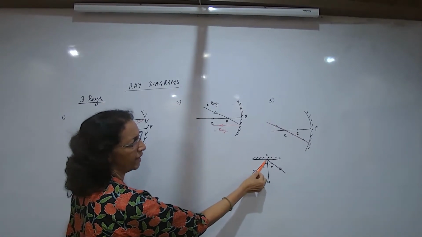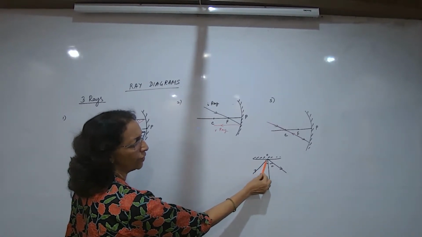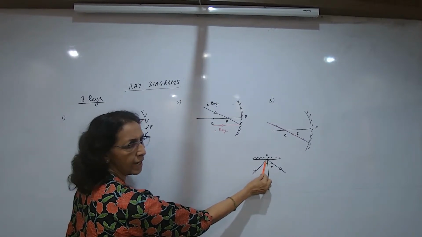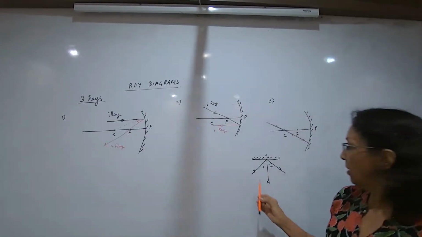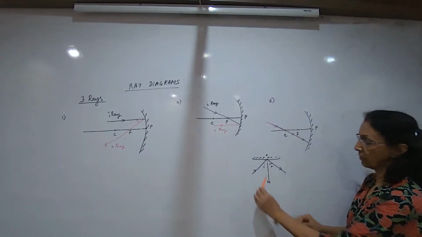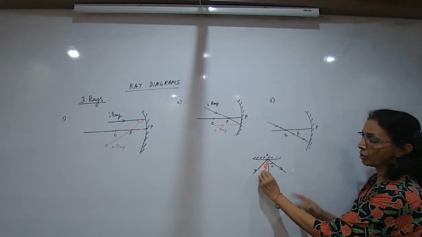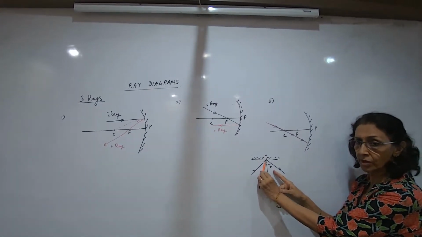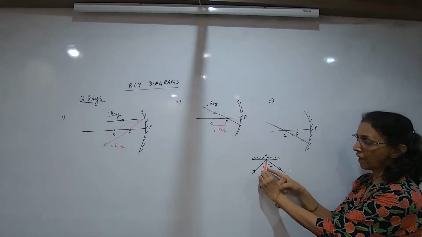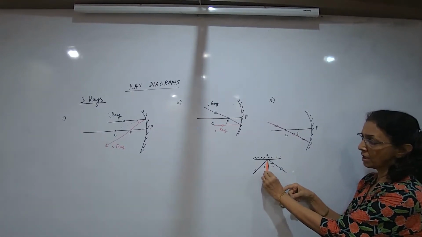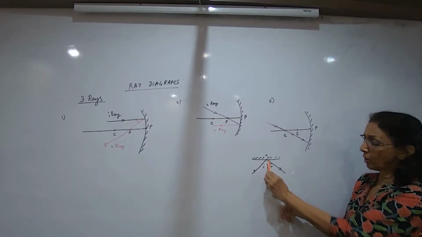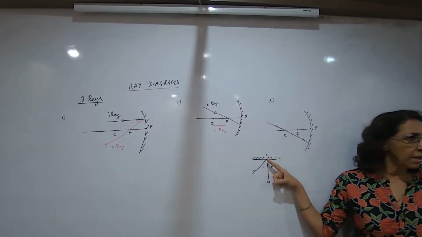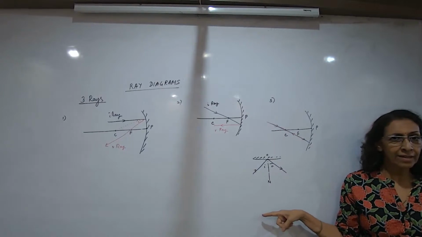What happens if I reduce the angle of incidence? Angle is decreasing. All of you can see what I'm showing. It is decreasing here, decreasing, decreasing. So what happened to this? It will also decrease. Now let us say it is 5 degrees, 2 degrees. Now how much is it? 0. So what happened to a ray which is passing on the normal? It will come back again.